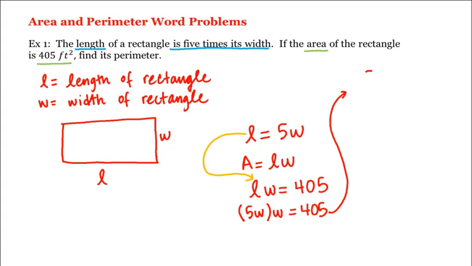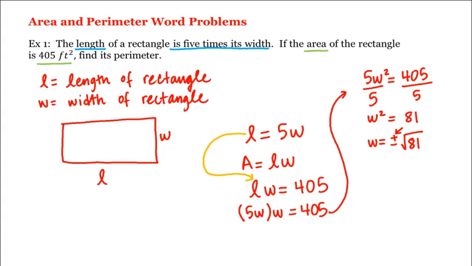or 5W squared is equal to 405, and then dividing both sides by 5 gives us that W squared is equal to 81, which means W is equal to plus or minus the square root of 81. But since W is the width of this rectangle here, we're going to choose the positive.